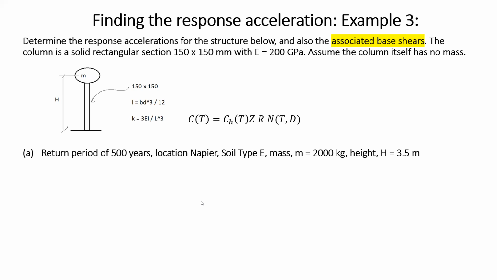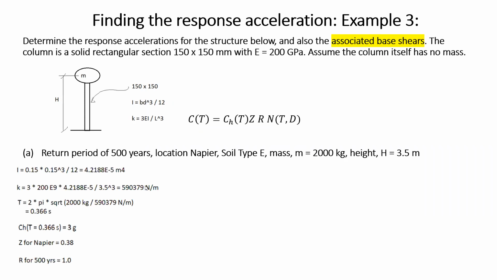It should be apparent that the first thing you need to calculate is the period of the structure, because with the period you can go to your tables and obtain the site hazard spectrum value, the CHT, but you need T first. So I want you guys to work out T to start off with. We'll give you some time to do that.